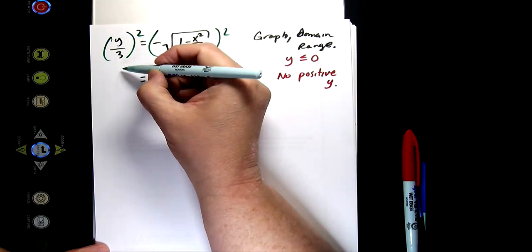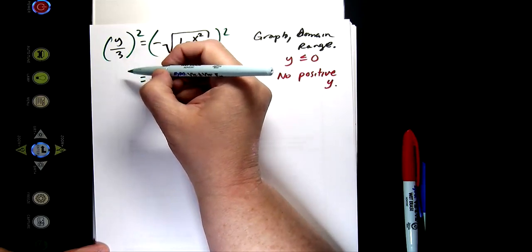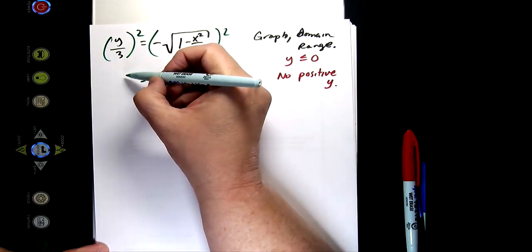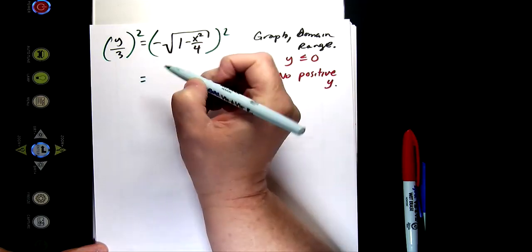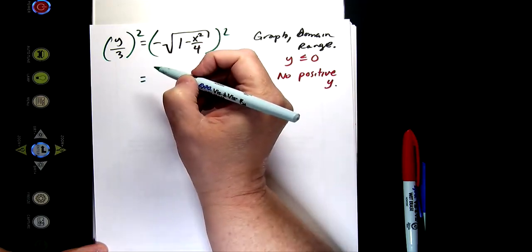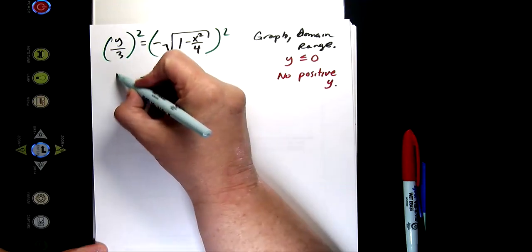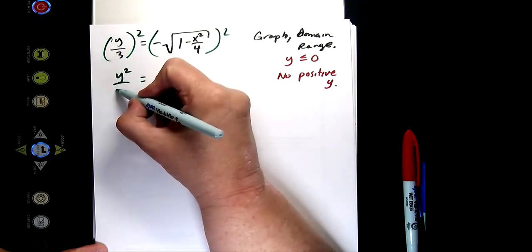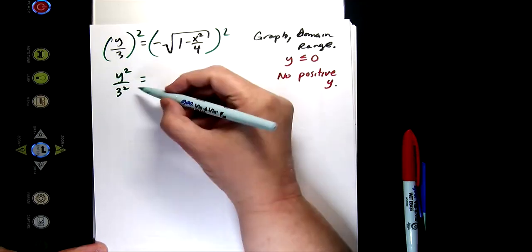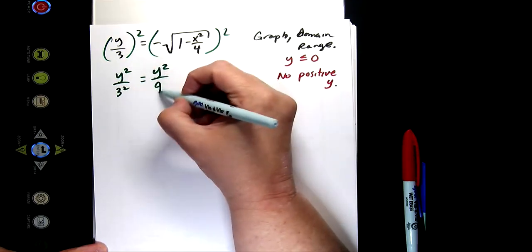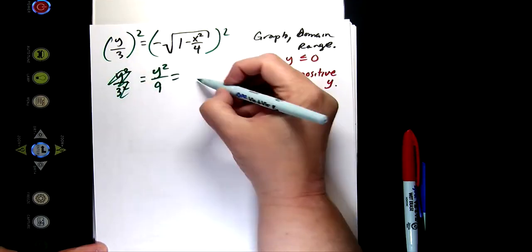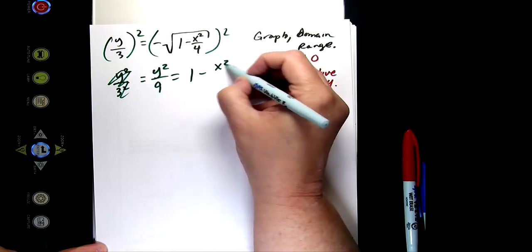Say it again. Do I want to leave it as y over 3 squared though? Let's rewrite that as y squared over 9 equals 1 minus x squared over 4.